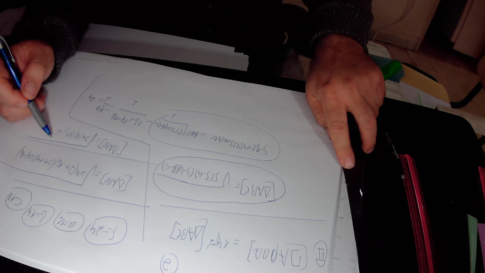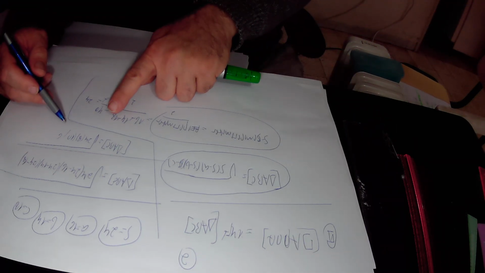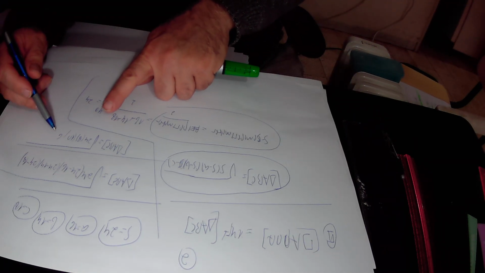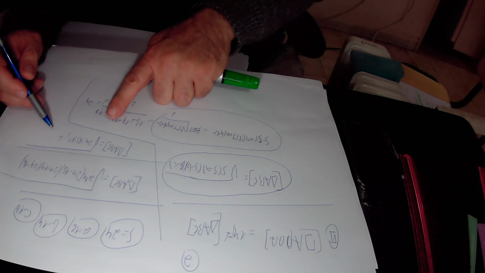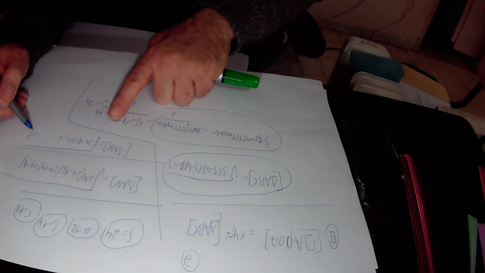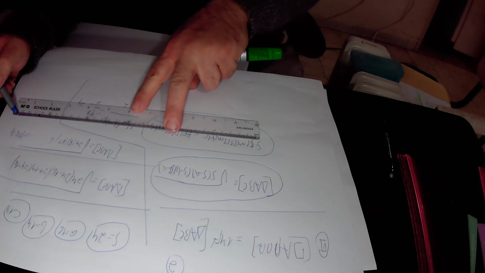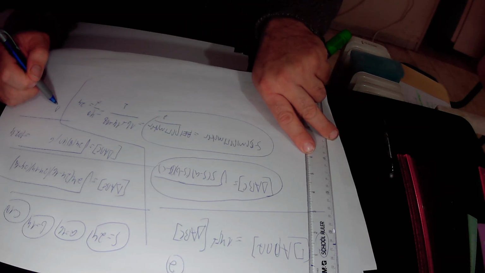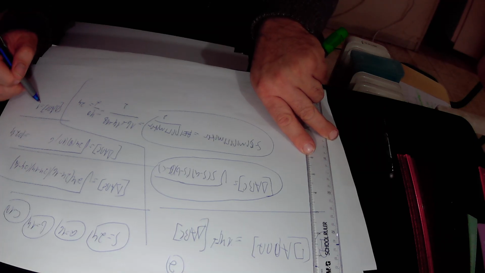So the area of this triangle ABC equals the square root of 24 times 8 times 10 times 6. Actually, the value of this expression is equal to 107.33 square units in size. So in total, we found out that the area of our triangle ABC is equal to 107.33 square units in size.